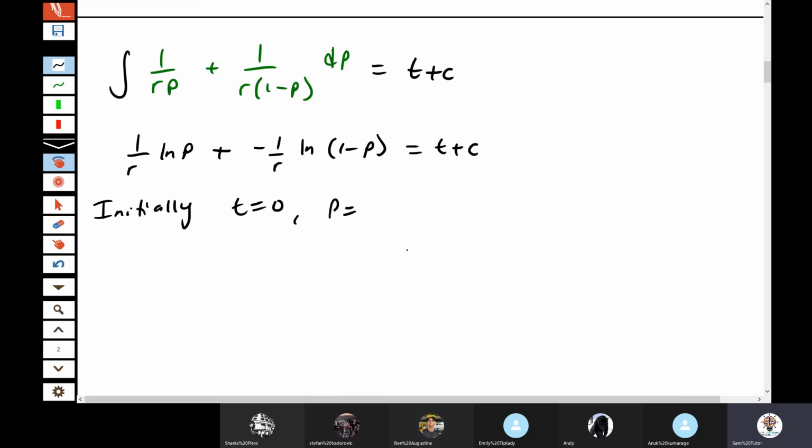Doesn't really matter. When t equals 0, population equals p naught, any constant. I don't know, but let's not confuse ourselves. Let's use a. We don't know. It's just an initial value of population.